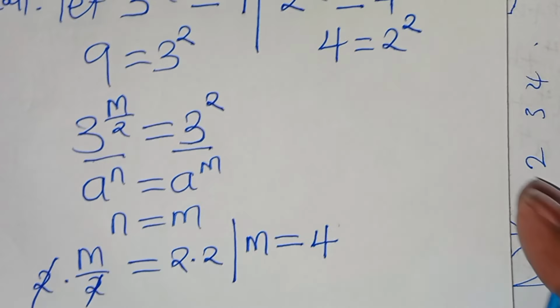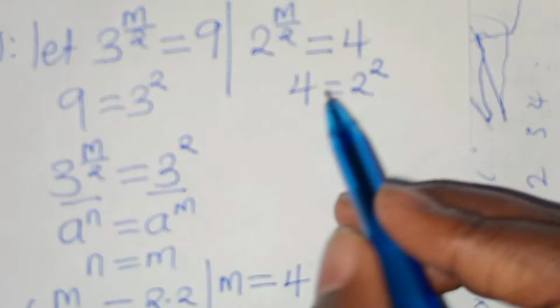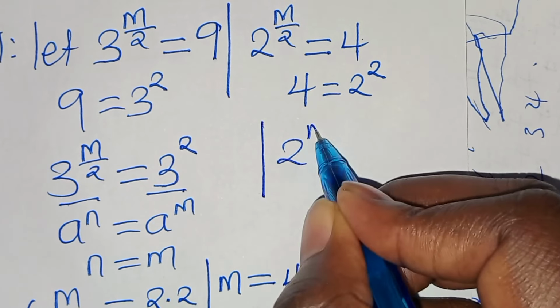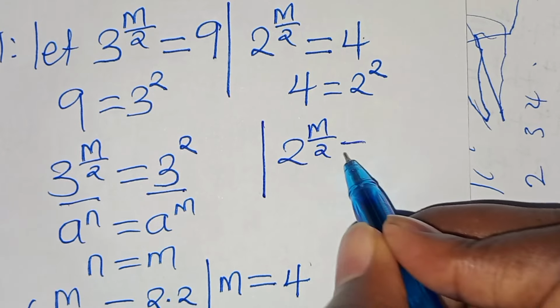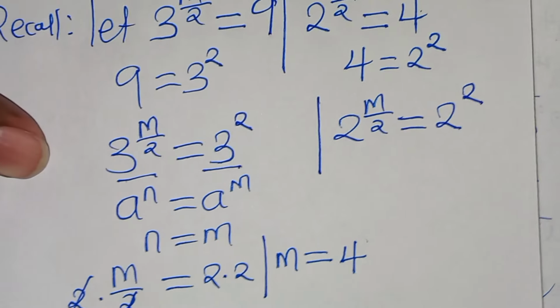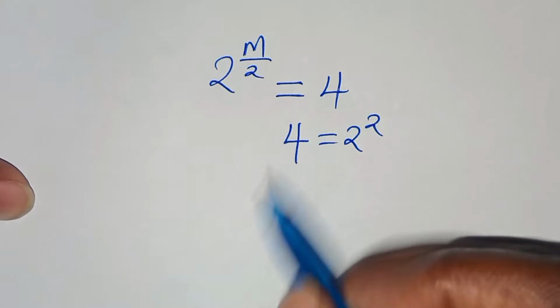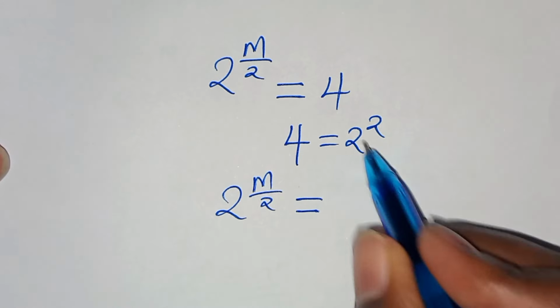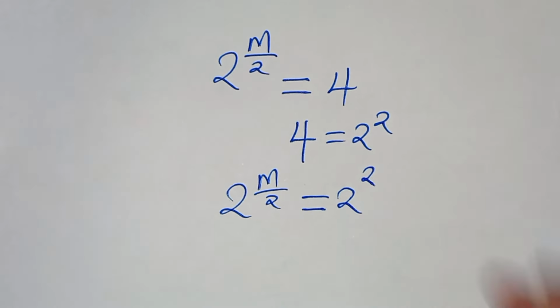So let's compare with the second part here. We have 2 to the power of m over 2, which is equal to 4, which is 2 to the power of 2.